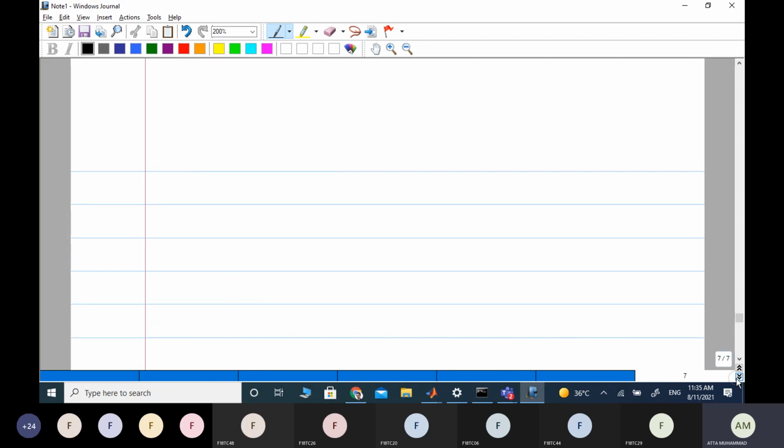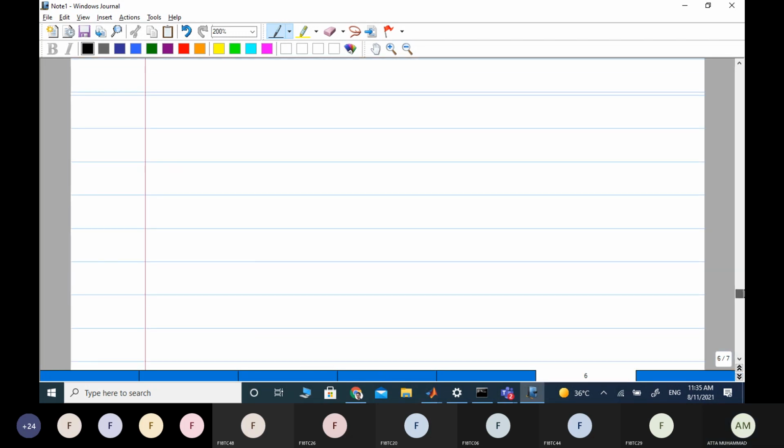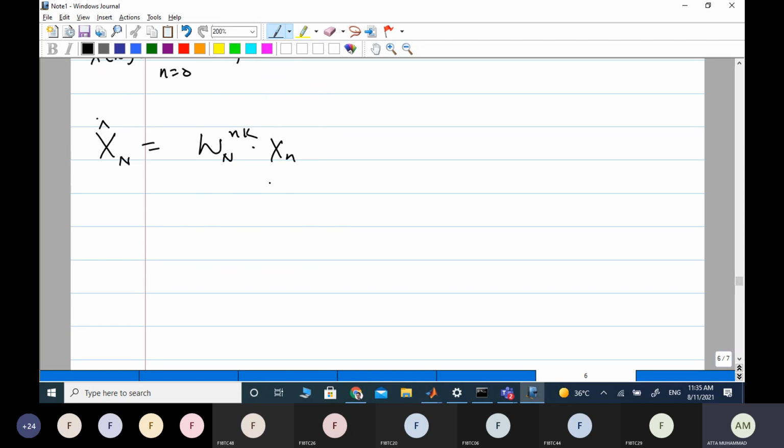And if we wish to compute this x of n, then x of n is equal to the inverse of this times the computed frequency spectrum, right?